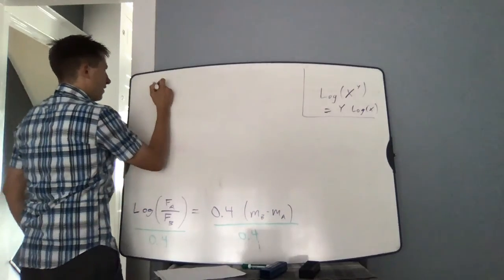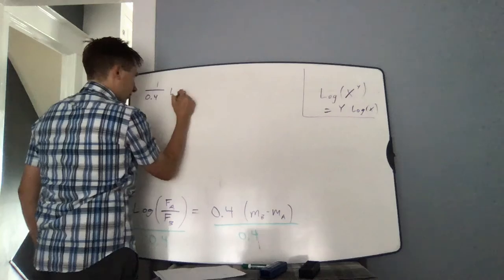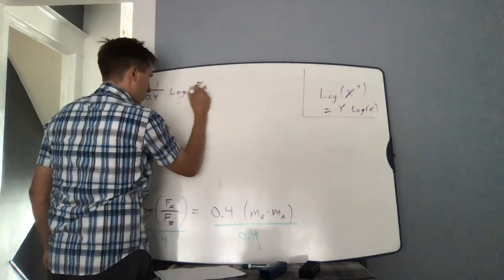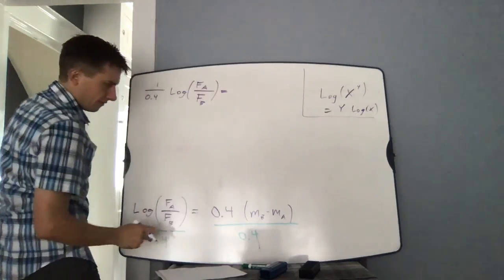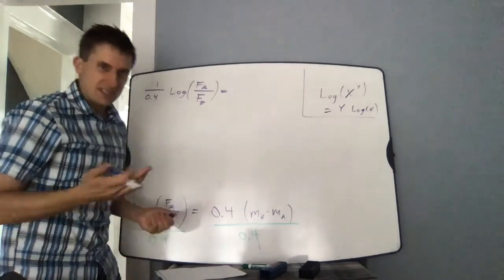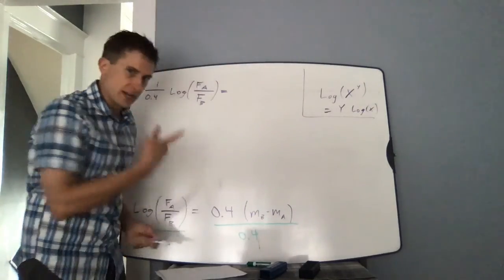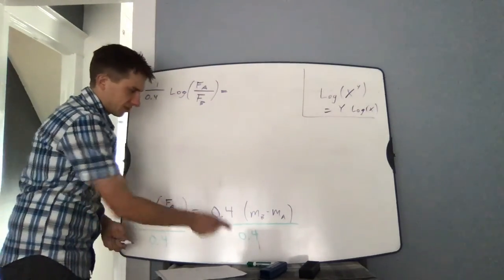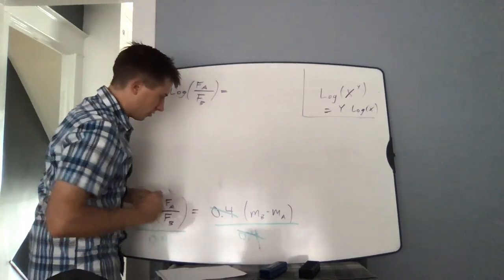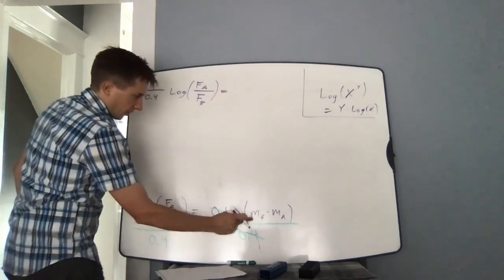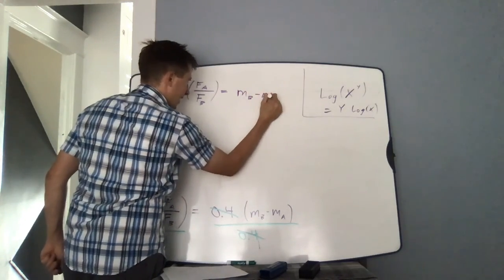When I do that, I have 1 over 0.4 log of FA over FB is equal to, well, from the last video, we said when you have the same thing in the numerator and denominator, the same thing upstairs and downstairs, they cancel. So these will cancel with each other, and all I'm left with is MB minus MA.